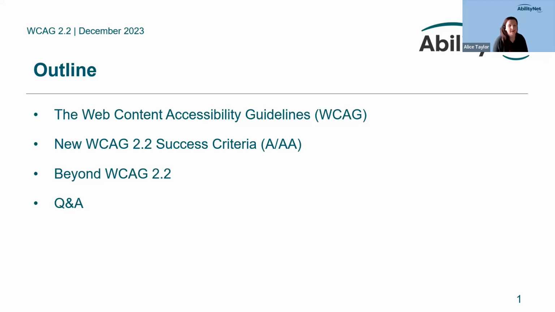And then we'll also be looking a bit at beyond 2.2. So just some things for you to think about that go beyond the new success criteria. And as Kelly already mentioned, there are lots of opportunities to ask questions. Do feel free to ask them throughout, particularly when we're talking about the success criteria, and we'll try to answer as many as we can as we go.